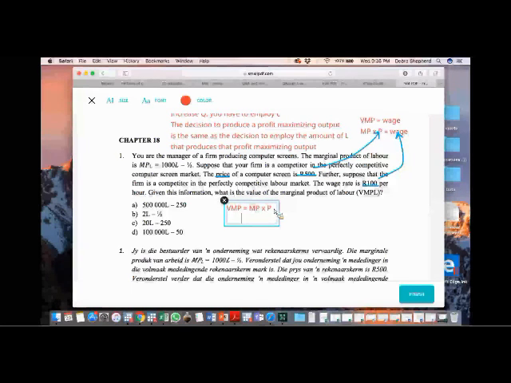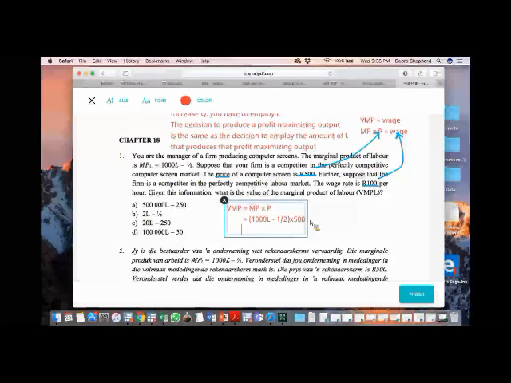The marginal product function they've already given you, they've told you it's 1000 L minus a half. Now we simply multiply that by the price, which is 500. Okay, so not 100, because that's the wage.